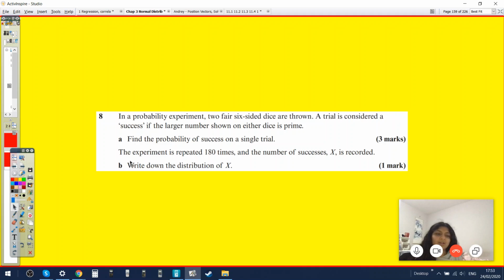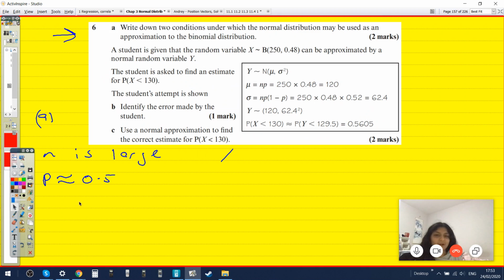So when you do normal approximation, is that the only time when you have to do like 129.5 instead of 130? Or is there like other times when you would need to do that? There's other times. Maybe they're in year 1. We didn't do this. It's a table of data. You might have something like 128, 129. Estimated mean?